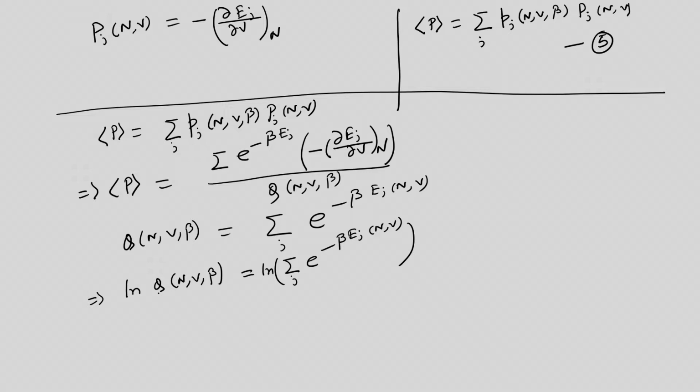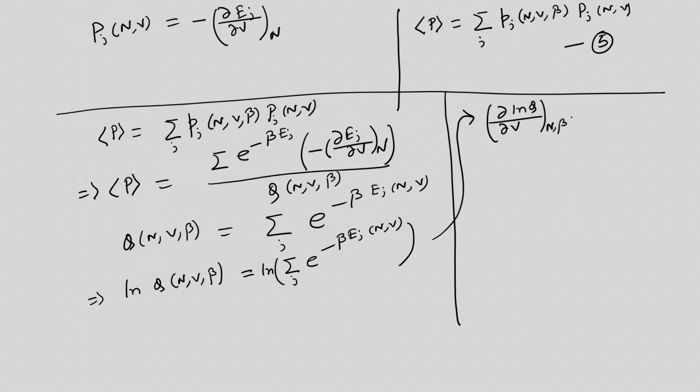If we do that, we get del ln Q by del V, keeping n and beta constant: 1 by Q times sum over j e to the minus beta Ej times minus beta del Ej by del V at constant n.